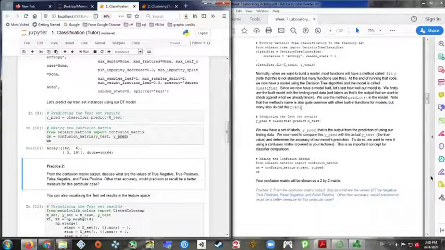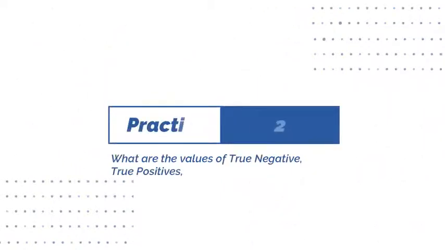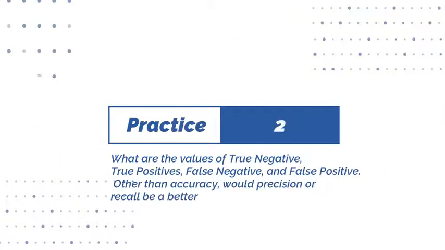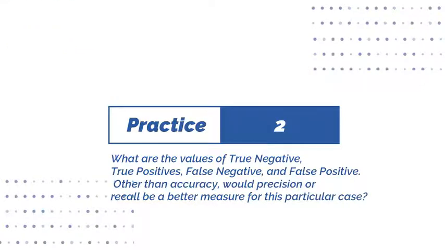To make our confusion matrix, for your practice 2: from the confusion matrix output, what are the values of true negative, true positive, false negative, and false positive? And other than accuracy, would precision or recall be a better measure for this particular case?